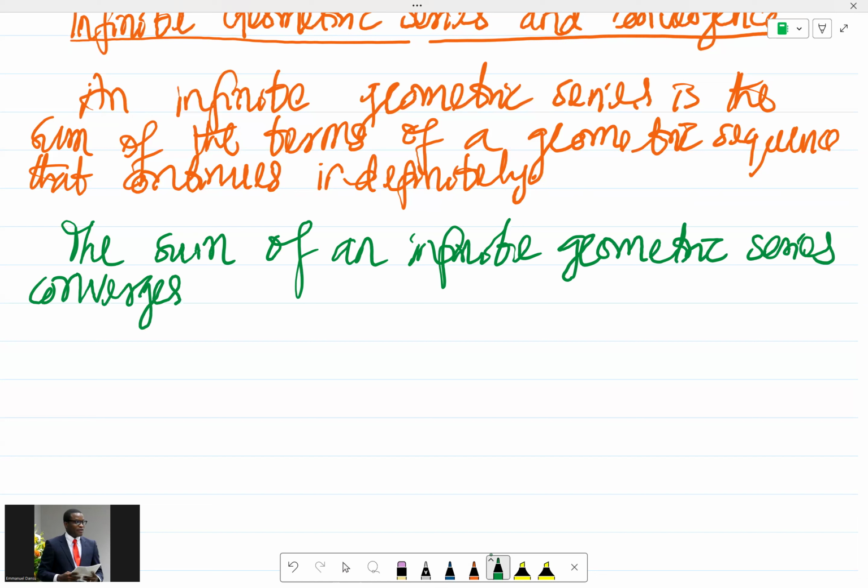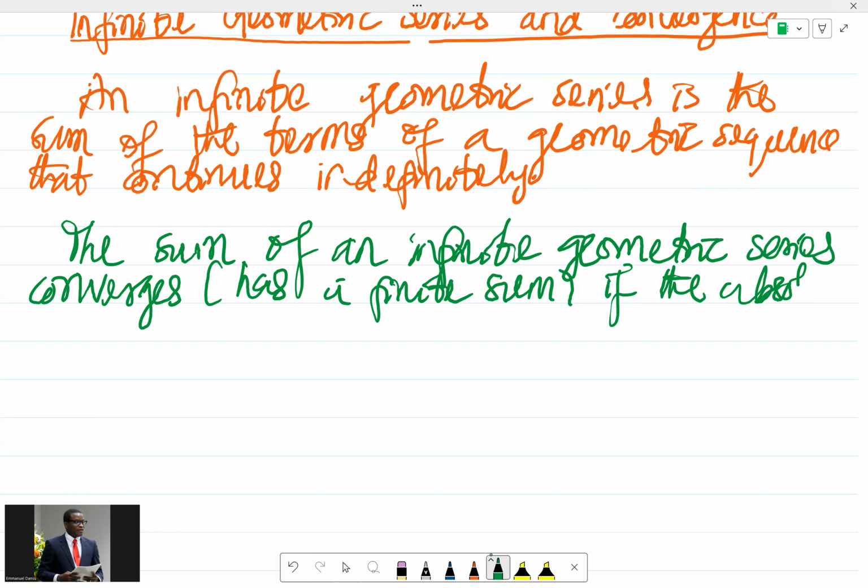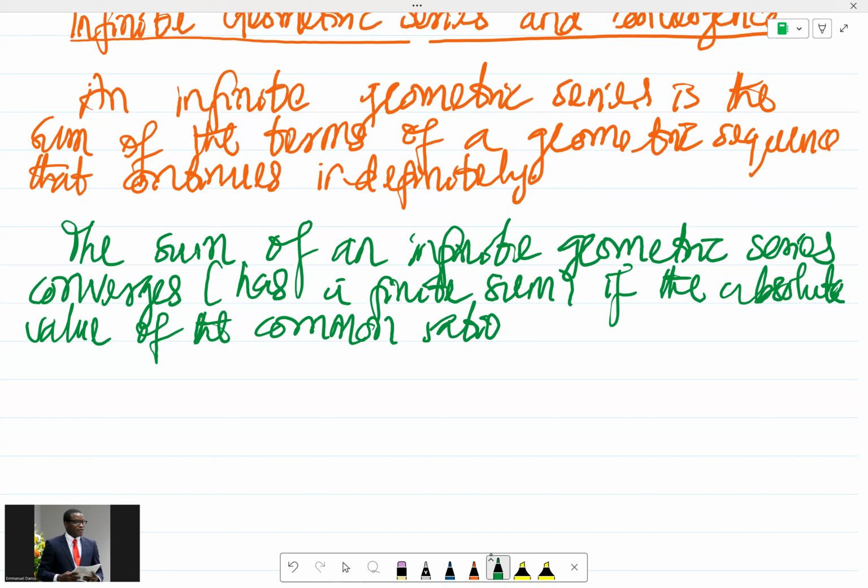It converges, meaning that it has a finite sum, if the absolute value of the common ratio is less than 1.